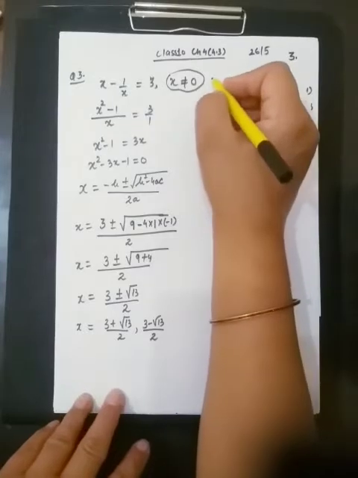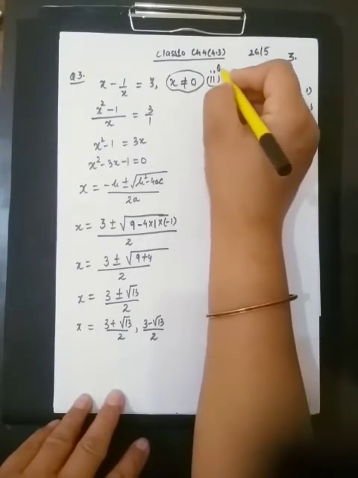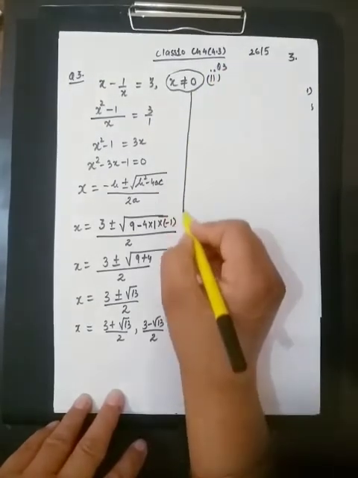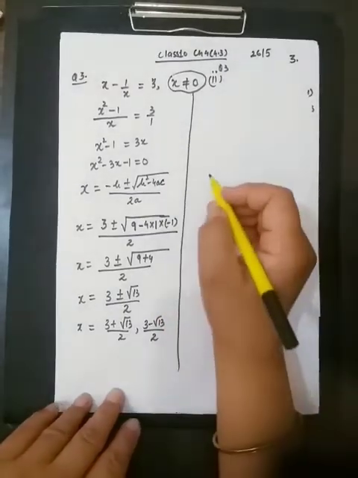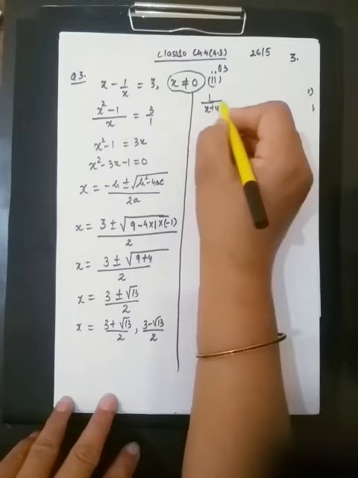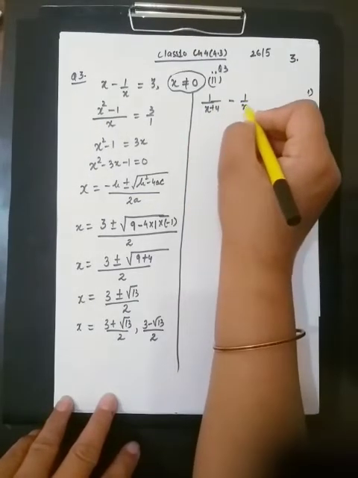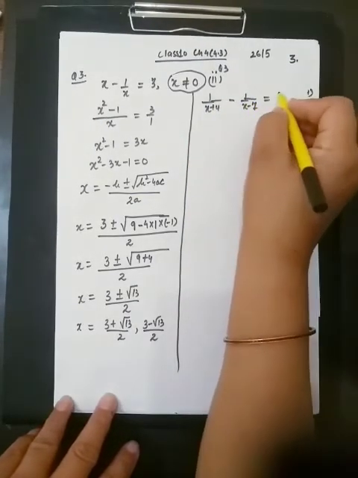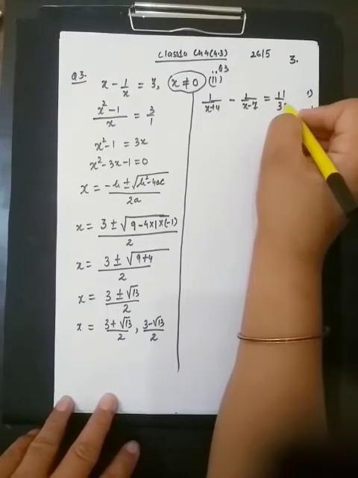Now second part of question number 3. Here 1 by x plus 4 minus 1 by x minus 7 is equal to 11 by 30.